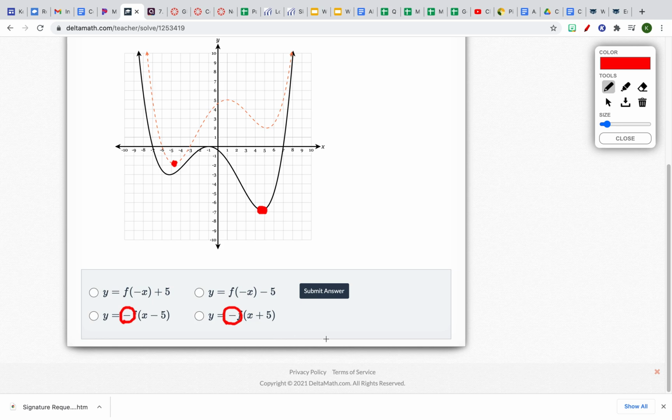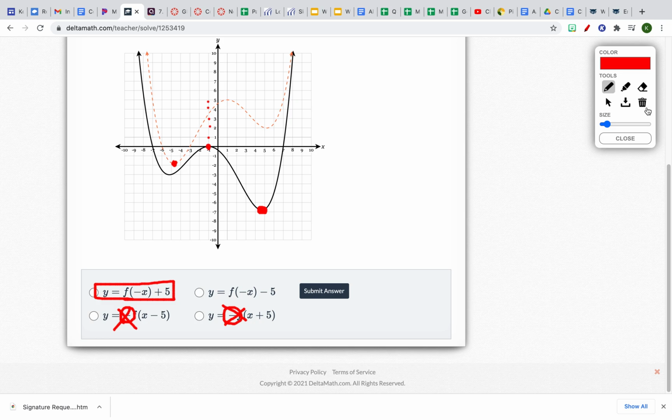Ooh, wait. One, 2, 3, 4, 5. Yes, up 5, which means it's not here. It is with the x, and it's a +5.